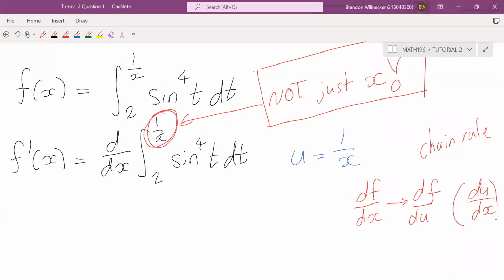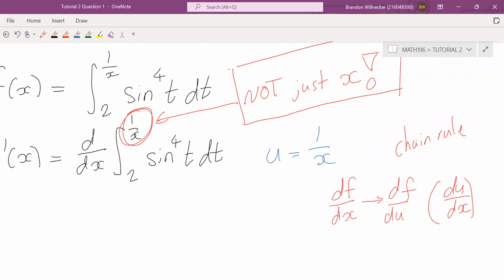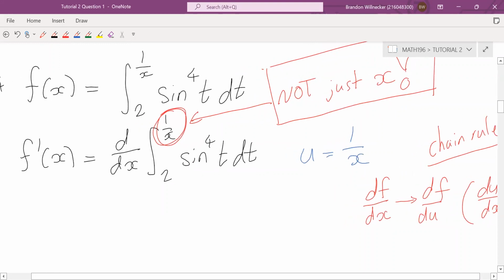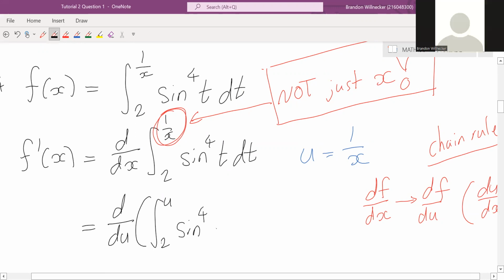So instead of doing df by dx, we're going to do df by du, but remember the chain rule says we also need du by dx. So this is going to become d by du of the integral from 2 to u of sin to the 4t dt, and then we also need du by dx, because of the chain rule.